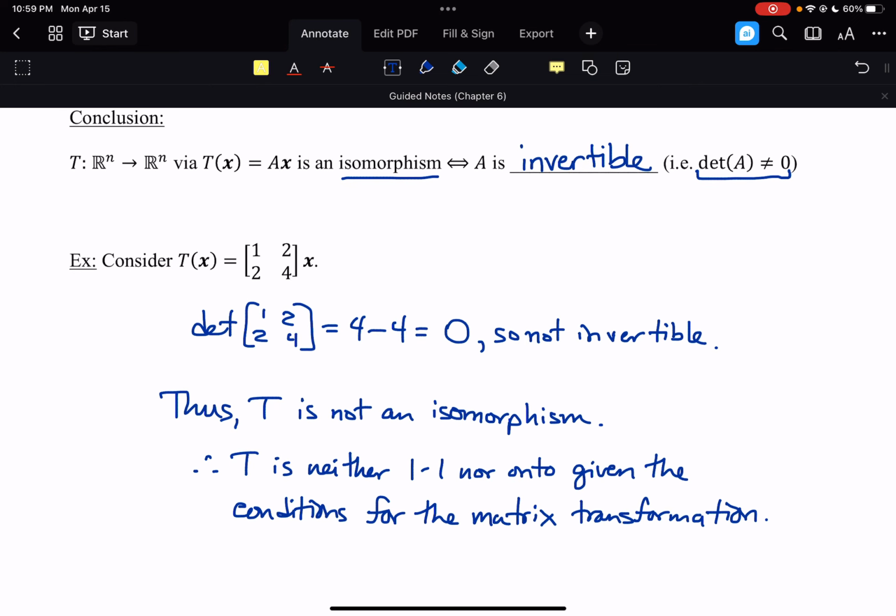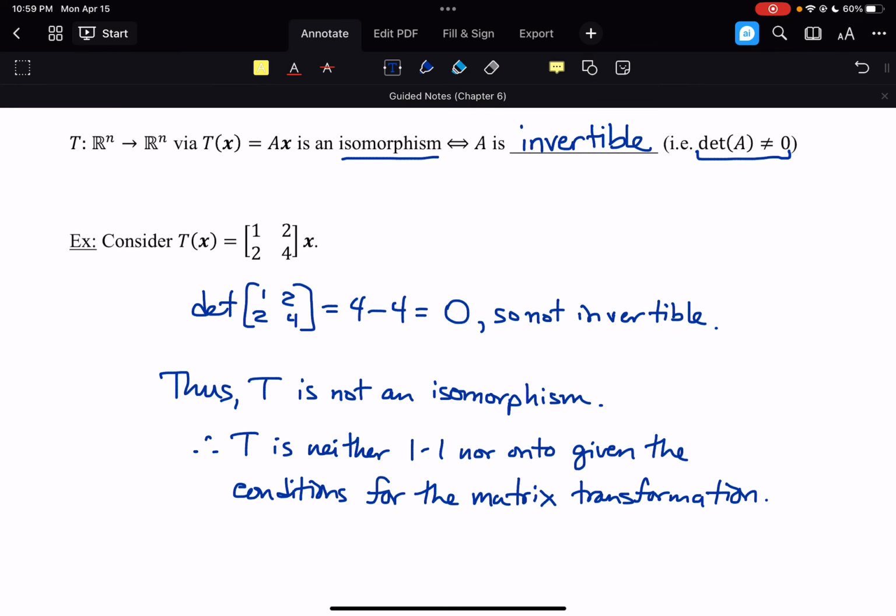So again, in general, something not being an isomorphism doesn't automatically imply that it's neither, but if we look at the dimensions of these two, we have the dimension is n, dimension is n. So in this case, because these are the same, it is going to be either both or neither.